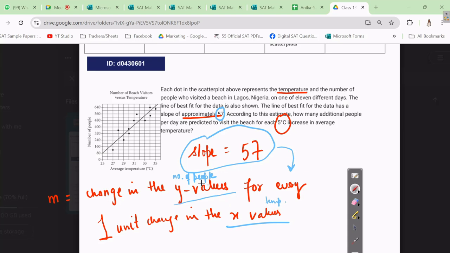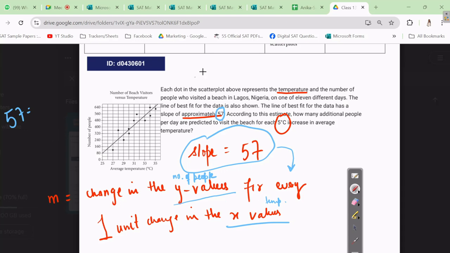So that means 57 is the change in the number of people for every 1 unit change in the temperature. Whenever the temperature increases by 1 degree Celsius, you will see 57 more people on the beach.